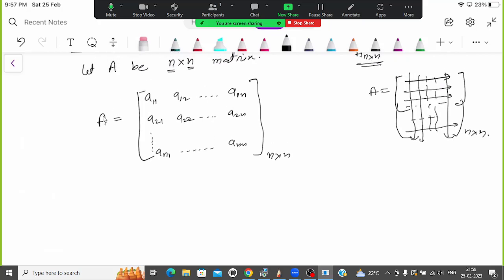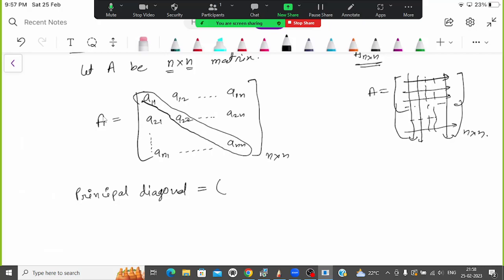So principal diagonal elements are here in this matrix. These elements will be principal diagonal elements. The principal diagonal elements will be a11, a22, dot dot dot, ann.